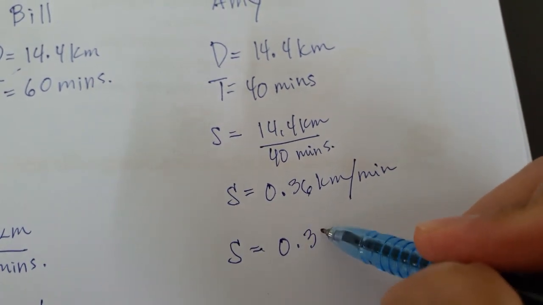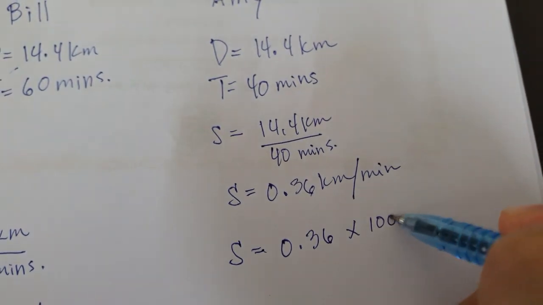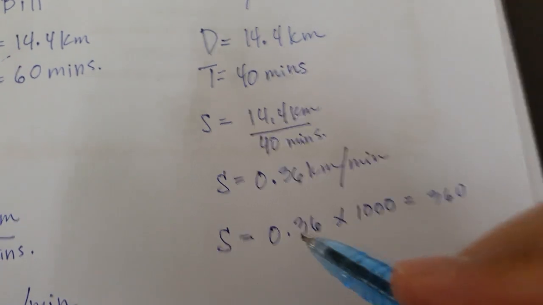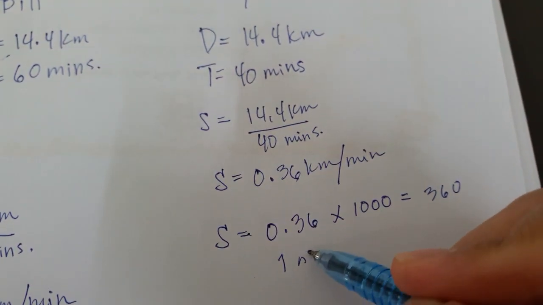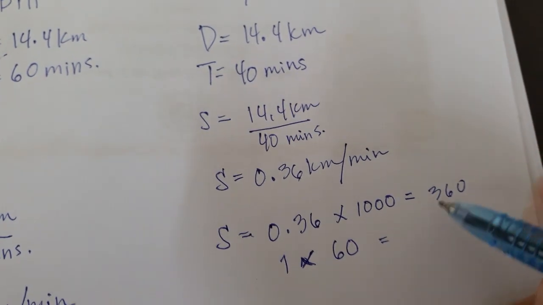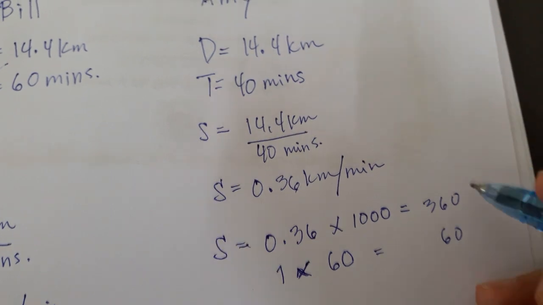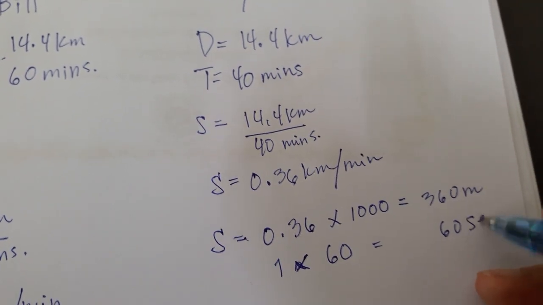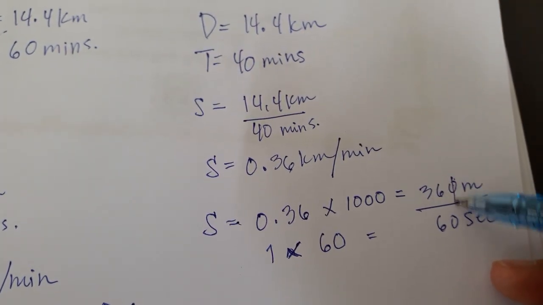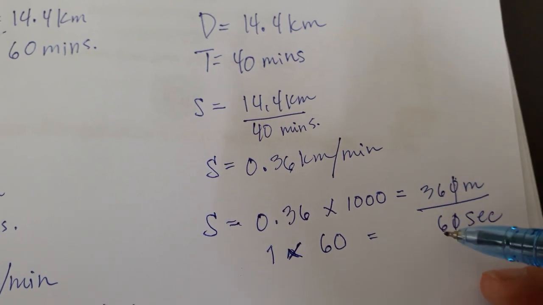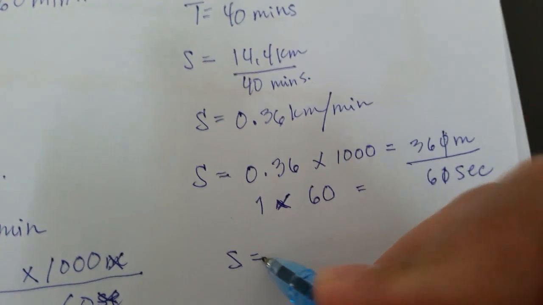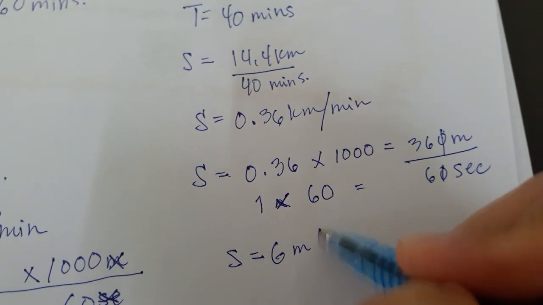Let's forget about the unit first. 0.36 times 1000 is equal to 360, and then 1 minute, 1 times 60 is equal to 60. So we can write now just 1 second. Then do the cancellation. 36 divided by 6 is 6 meters per second.